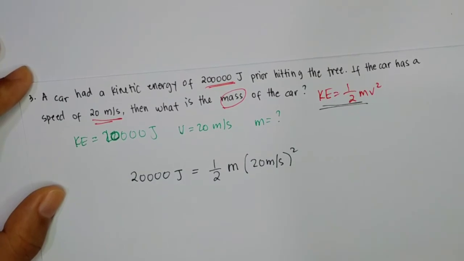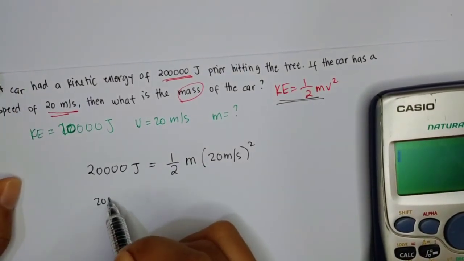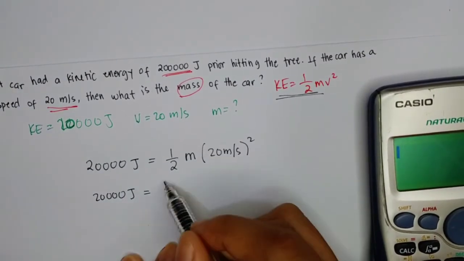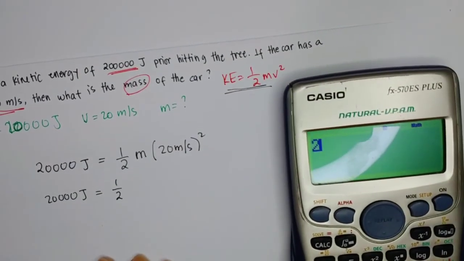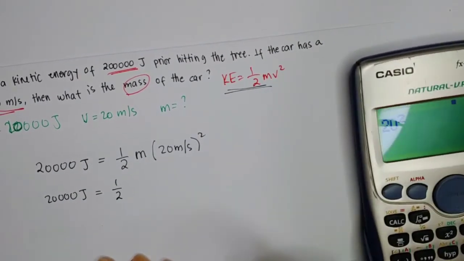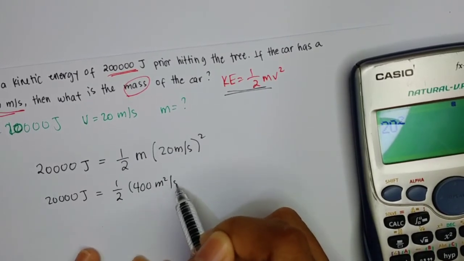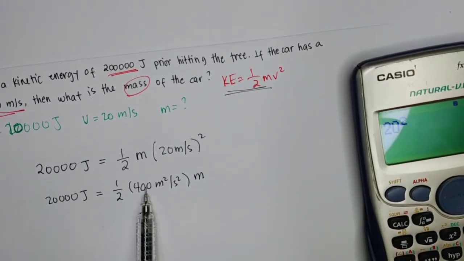Quantity squared. So, we have here 20,000 joules. Copy natin. Then, we have 1/2. Ano yung squared ng 20? It is 20 squared. This will be 400 meters squared per second squared times our mass. So, ano yung 1/2 ng 400?